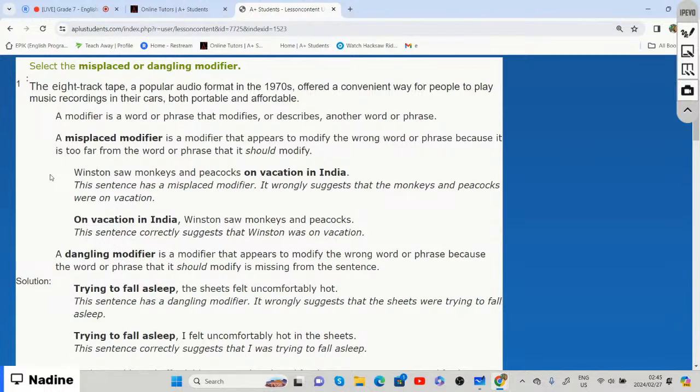And if we were to correct that, then we can say that on vacation in India, Winston saw monkeys and peacocks. So now he saw the actual animals, the monkeys and the peacocks, while Winston was on vacation. But the first option, Winston saw monkeys and peacocks on vacation in India, suggests that the peacocks and the monkeys were actually on vacation.